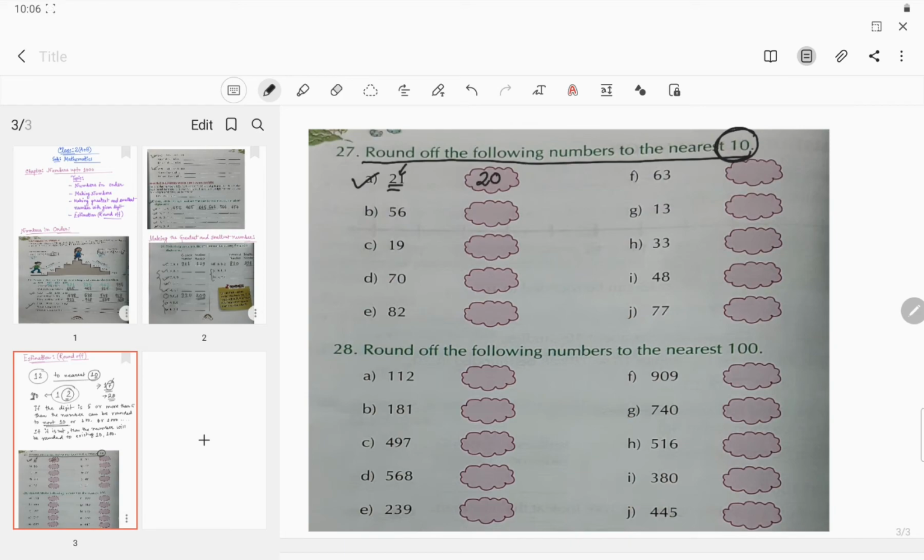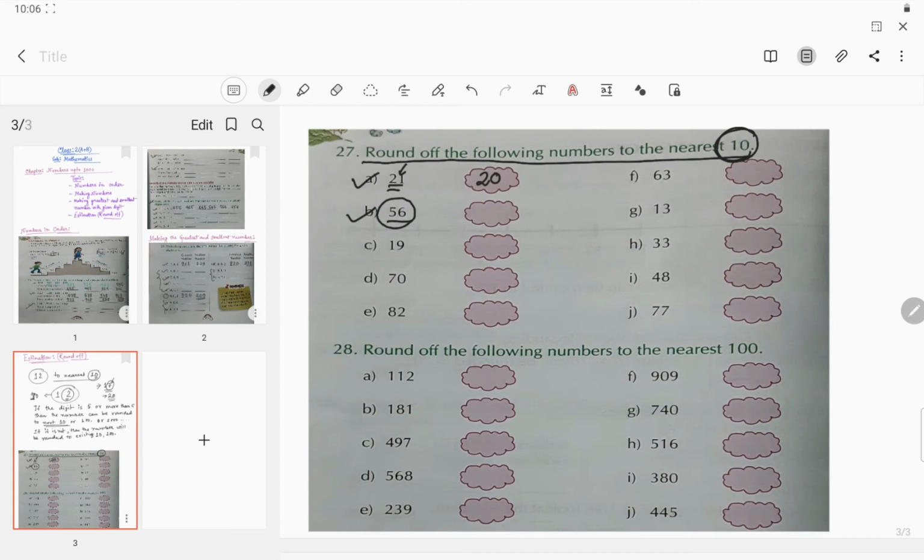Clear? Now I'm taking the next example, that is 56. Since you have to round off this figure to the nearest 10, that means you have to check the ones place. The ones place digit is 6 and it is obviously greater than 5. And I told you, if the digit is greater than 5, then the whole number, that is 56, will be rounded to the next 10.